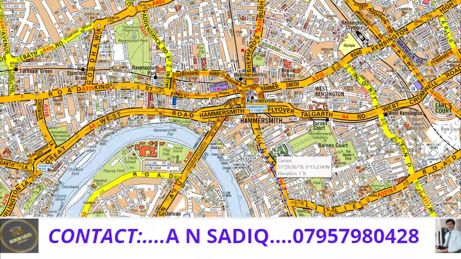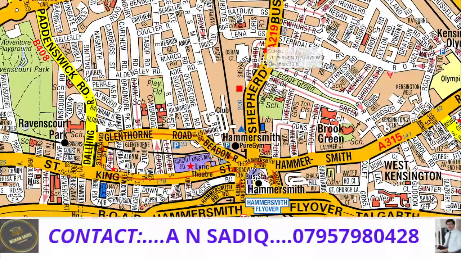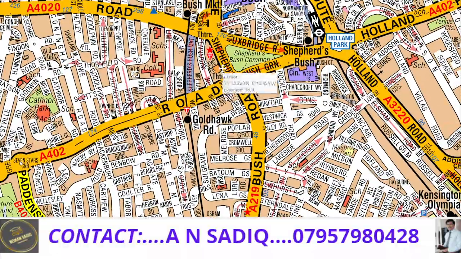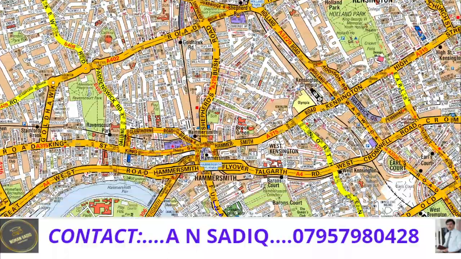So what I need to do is, this is a Hammersmith flyover and there is a roundabout underneath. So I will go through and keep my route under this flyover and continue through this road, and ultimately I will be able to reach this point. When I reach this point, I will explain further.